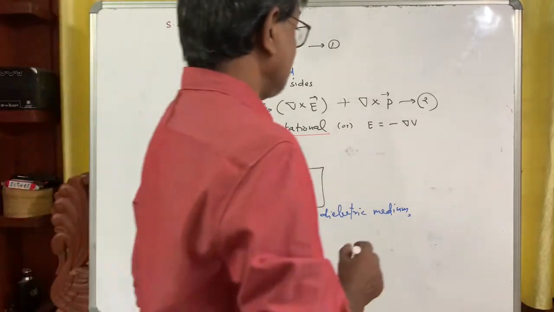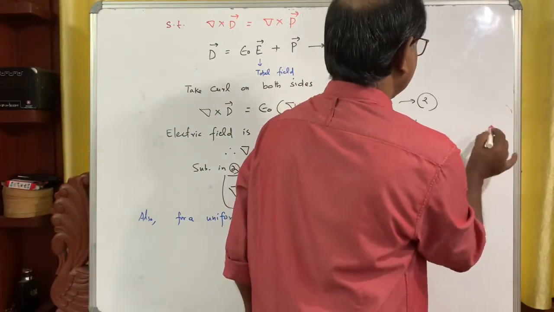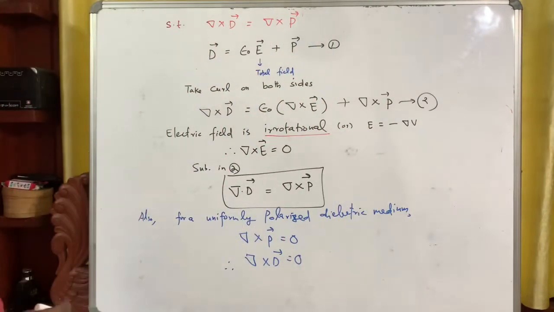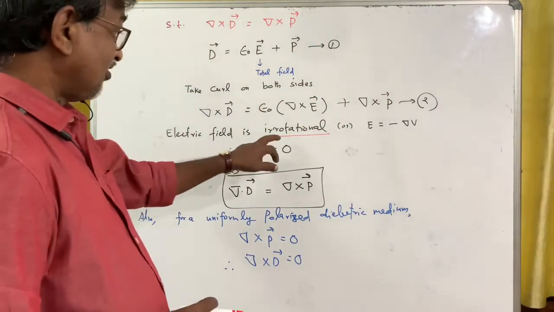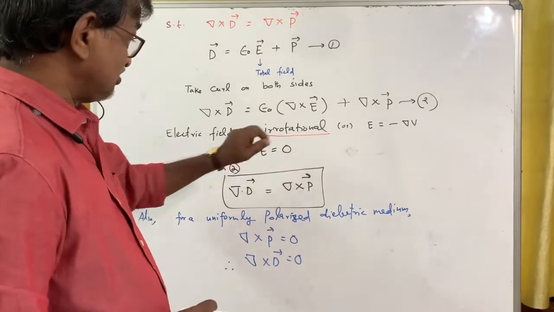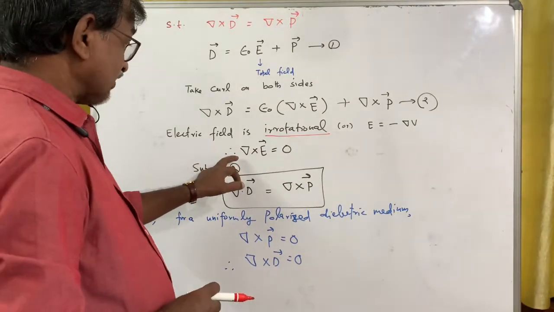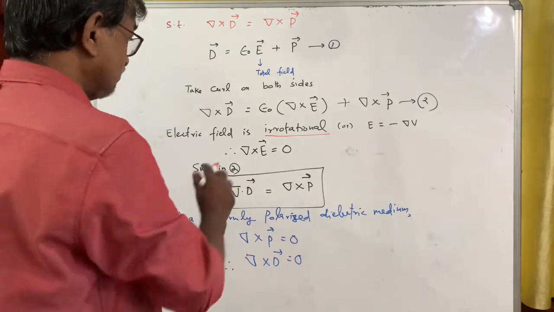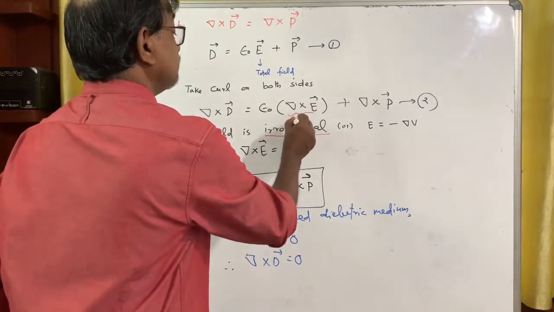The electric field is irrotational. That is, the electric field cannot be curled. So del cross E is equal to 0. Put del cross E equal to 0, so this term becomes 0.